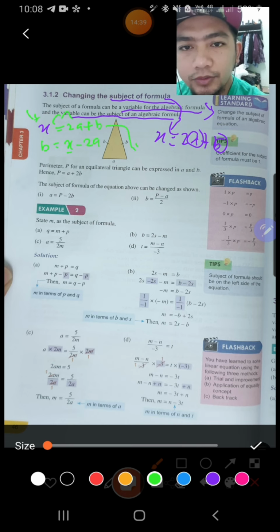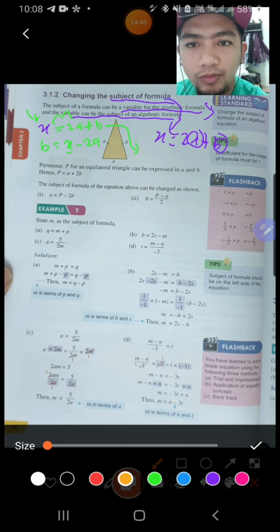So from this question, it will be 2a, so b you bring to the left, x minus b. So a equals x minus b over 2.